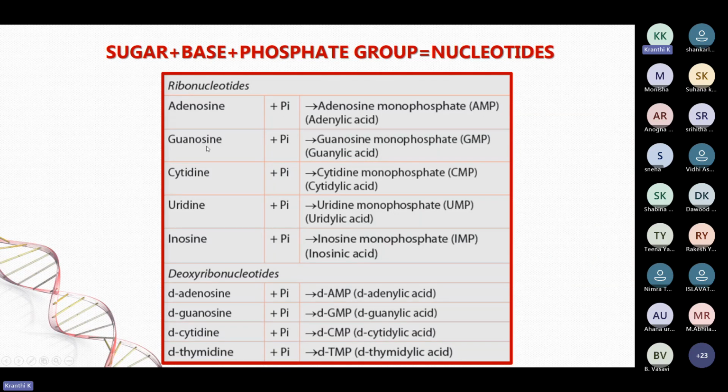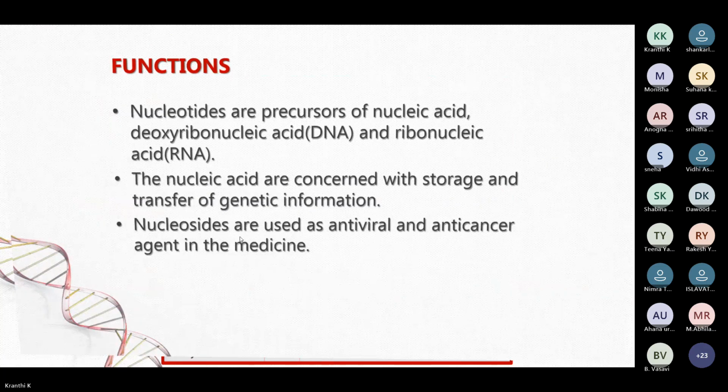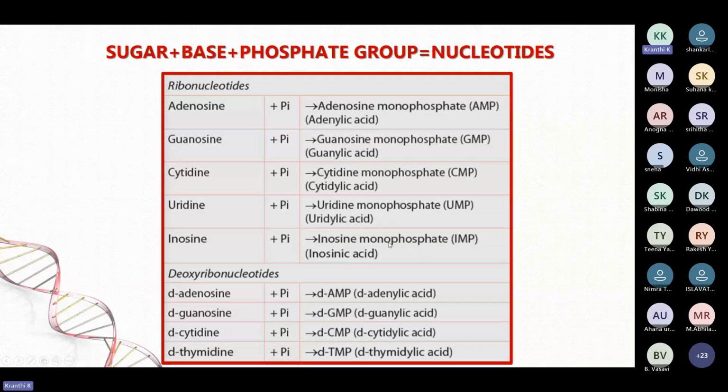If the nitrogen base is guanine plus sugar, guanosine, then guanosine monophosphate. If it is cytidine, then cytidine monophosphate. What do you mean by cytidine? Cytidine means you are adding the cytosine with the sugar. If you are adding the thymine with the sugar, then that will become thymidine.